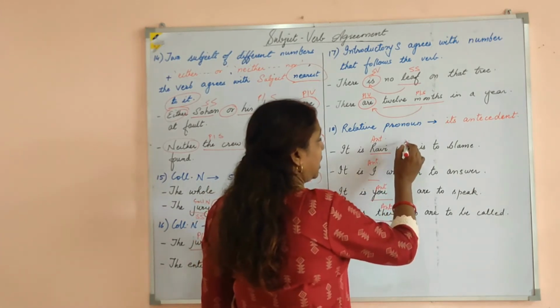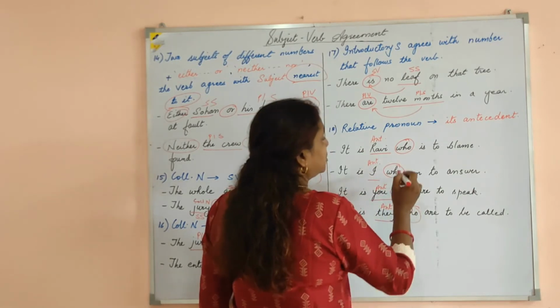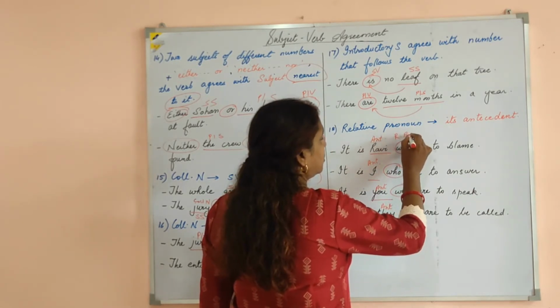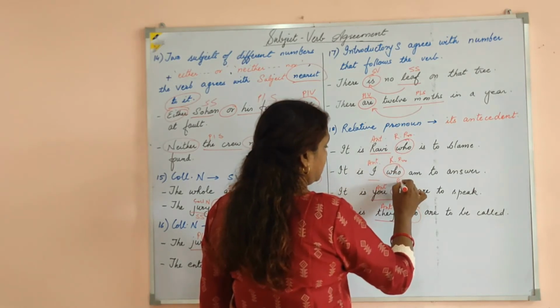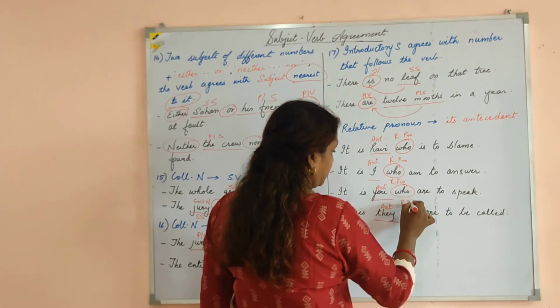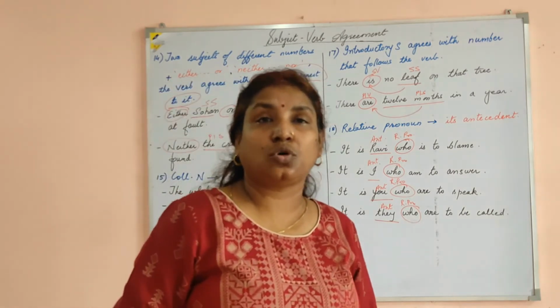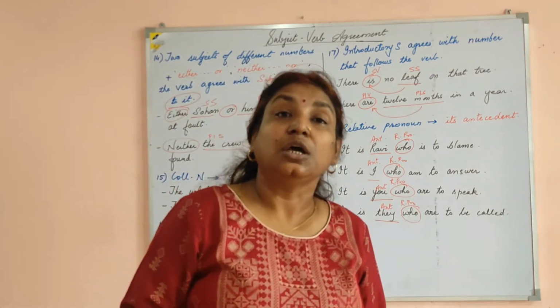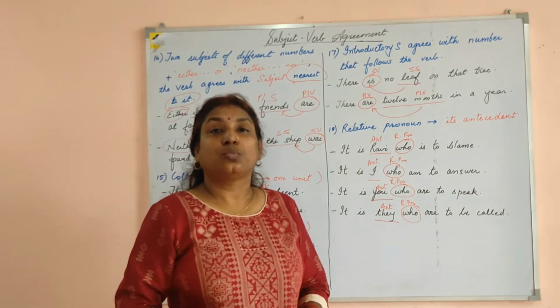Why? Because they are present just before the relative pronoun. So antecedents are those nouns or pronouns which are present just before the relative pronoun.